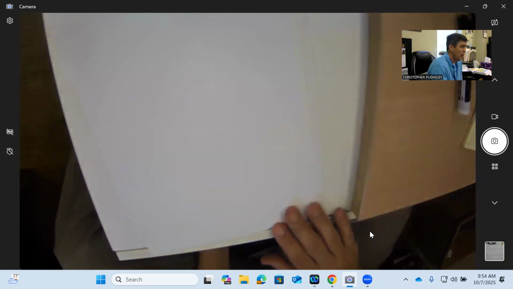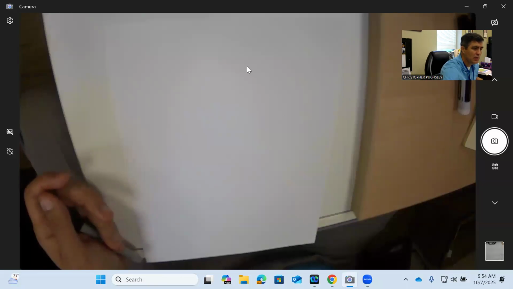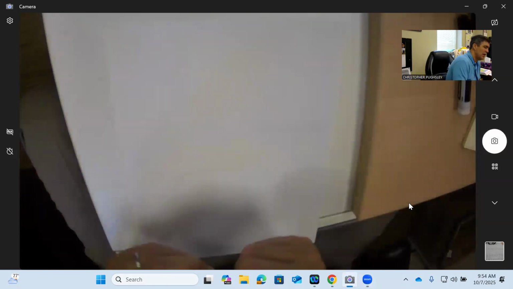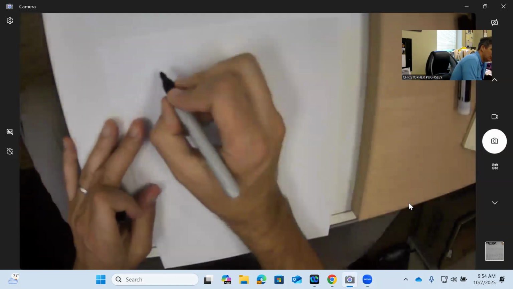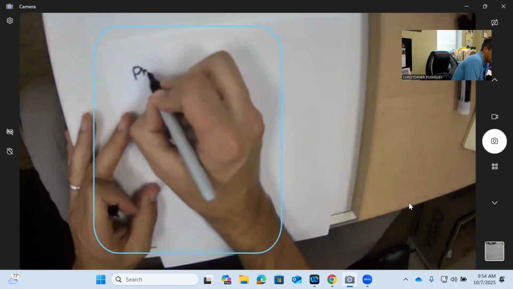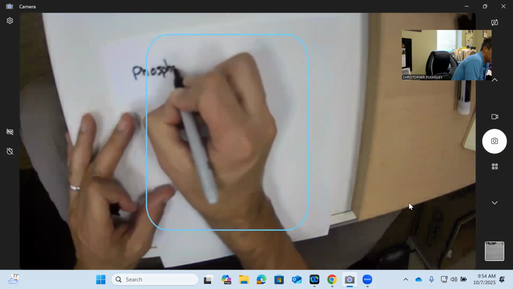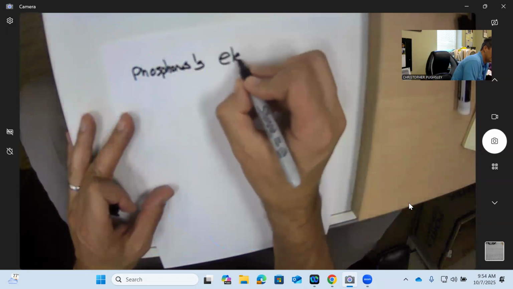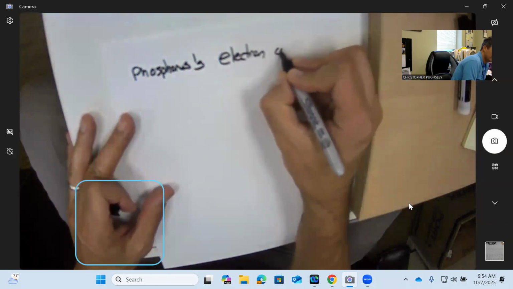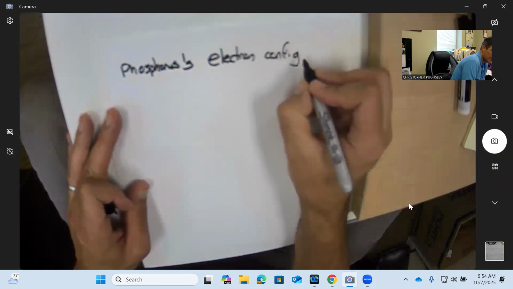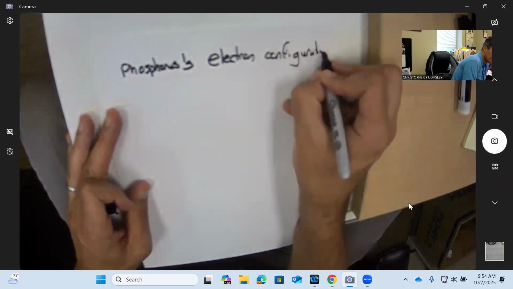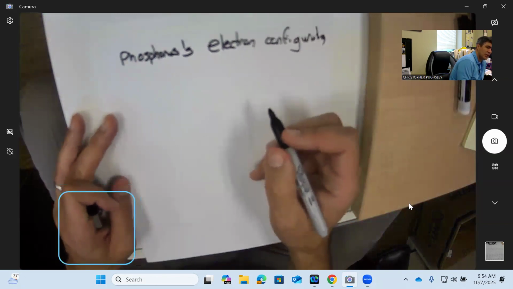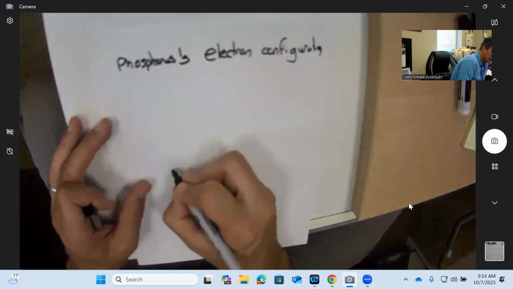Our first thing is phosphorus. We're doing phosphorus's electron configuration, and we're also going to do phosphorus's orbital notation.